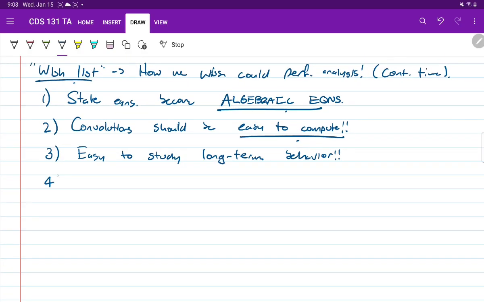Finally, we should be able to get a simple interpretation. We should be able to look at some information about our system, and without any further computations, immediately figure out by inspection what the behavior of our system is.